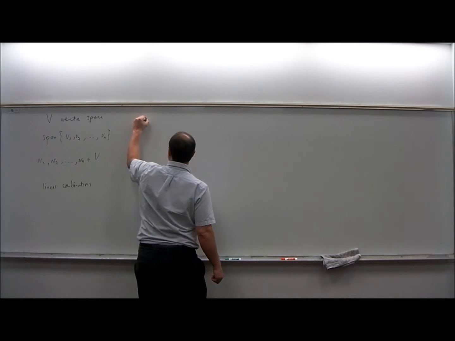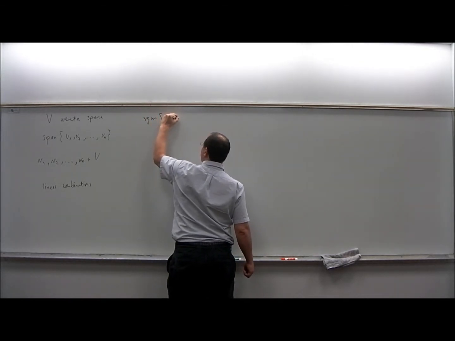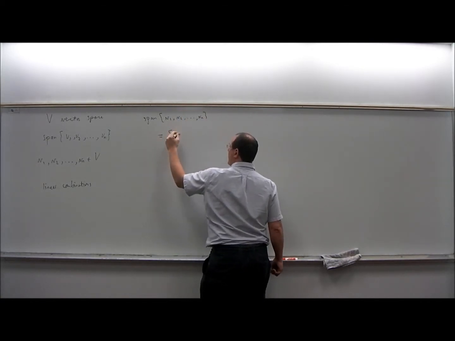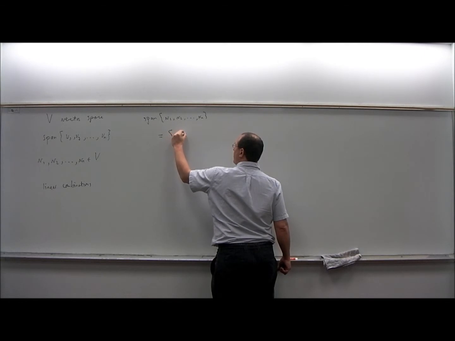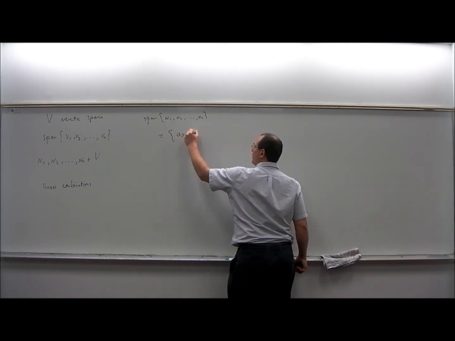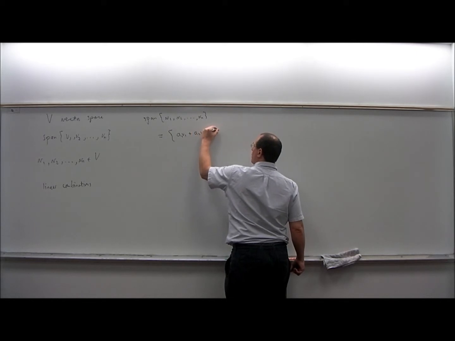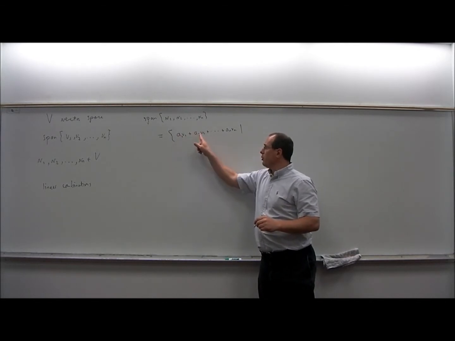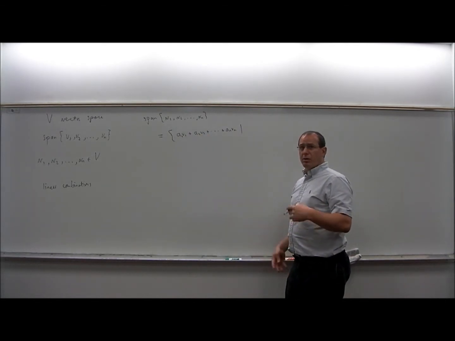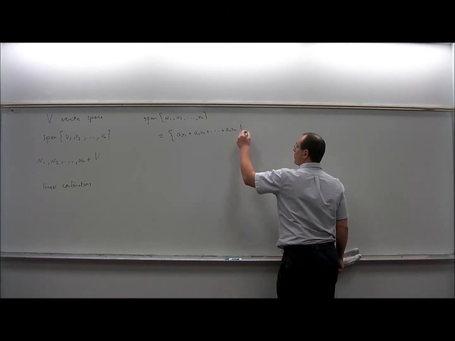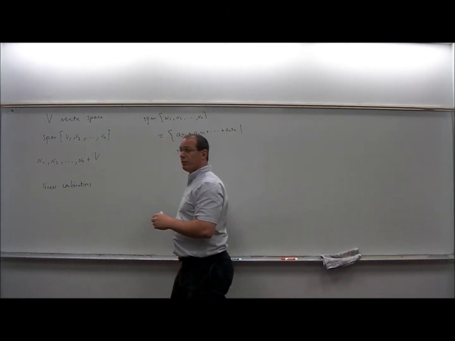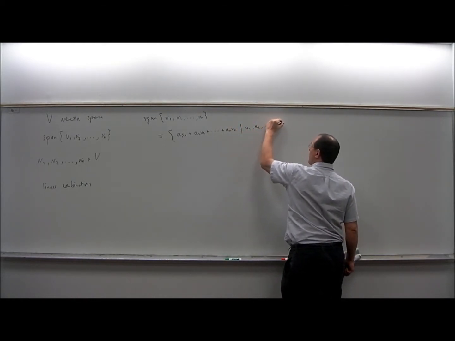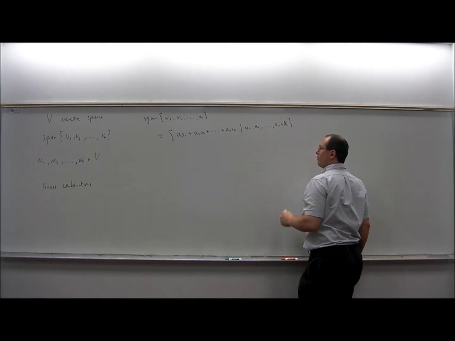So in other words, the span of V1 up to Vn is the set of all vectors of the form A1V1 plus A2V2 up to AnVn, where the coefficients A1, A2 up to An are real numbers, working with a real vector space V. So A1, A2 up to An, these are real numbers.